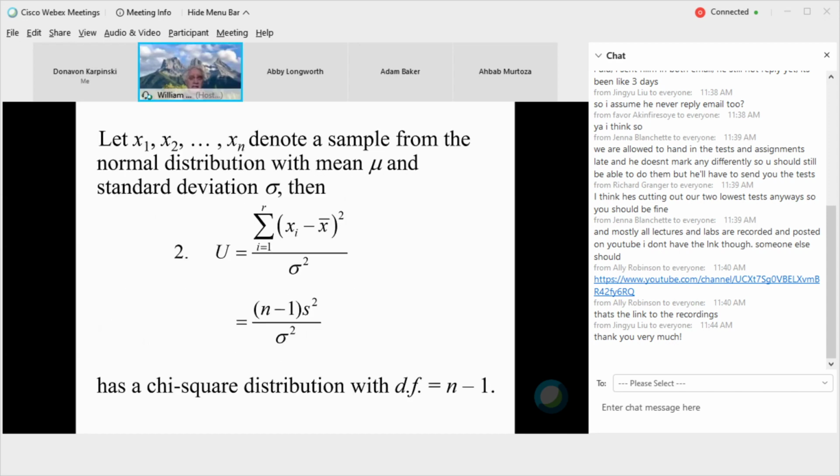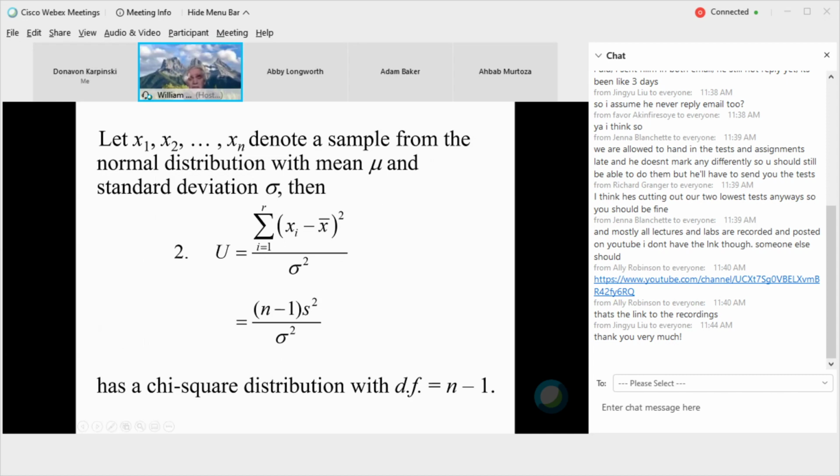Another statistic that has a chi-squared distribution. Suppose you have a sample from a normal distribution with mean mu, standard deviation sigma. You sum and square the observations, the sum is from 1 to n, the observations minus their mean.